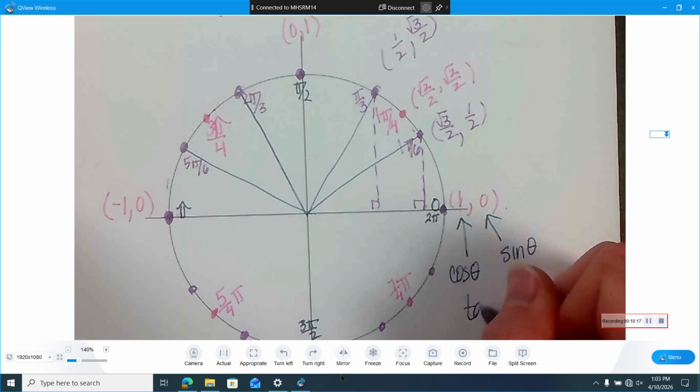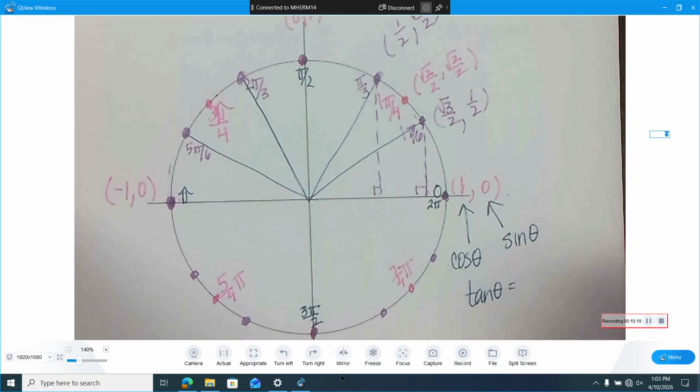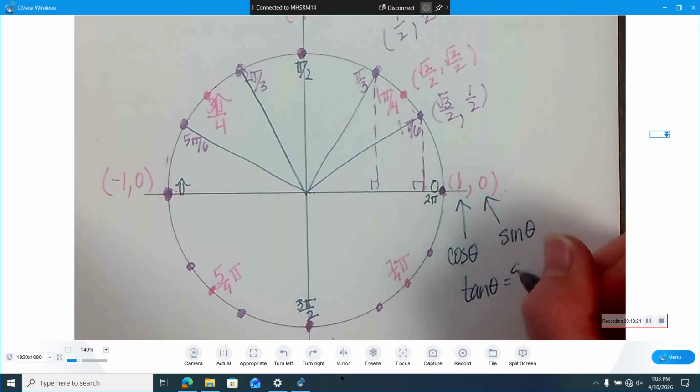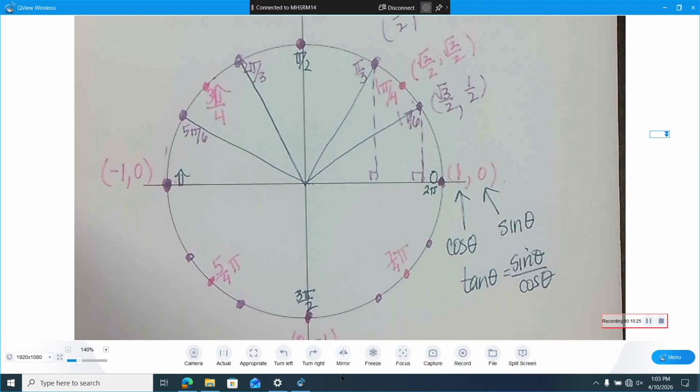And how do we get tangent? Divide what over what? Sine over cosine. Yes, tangent is sine over cosine, or y over x, all right? So sine over cosine, we're good to go. So we're using all of this in some algebra to figure out some equations here.